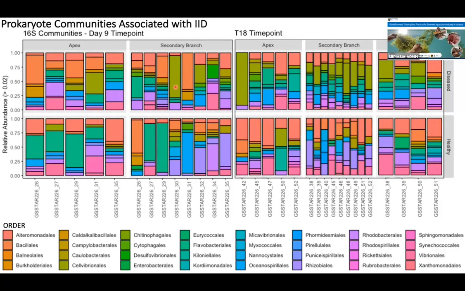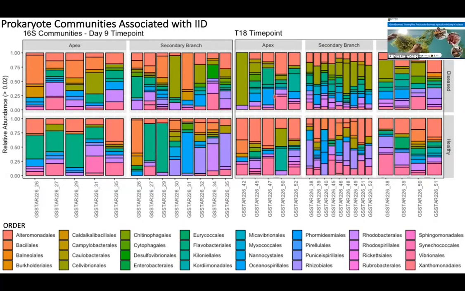The healthy tissues from day 18 are similar to those from day 9, with the exception of Flavobacteriales, which is only abundant really in this single sample here. The relative abundance of Cyanobacteriales and Alteromonadales is also increased in these samples in comparison to the earlier time point.